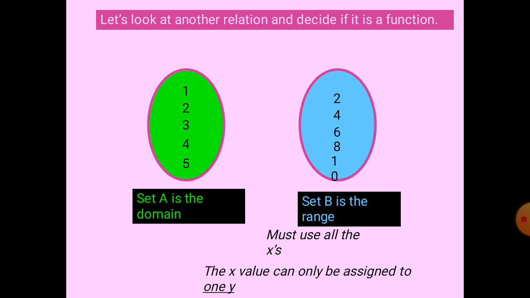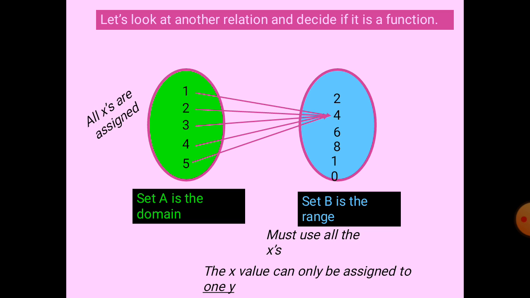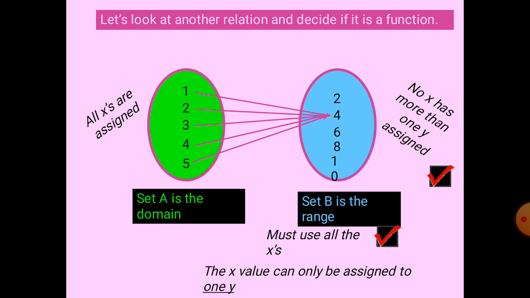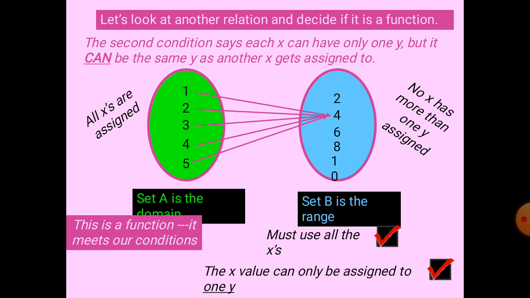Let's take a look at another example. Yes, it is an example of a function, because of the second condition: each x can have only one y, but it can be the same y that another x is assigned to.